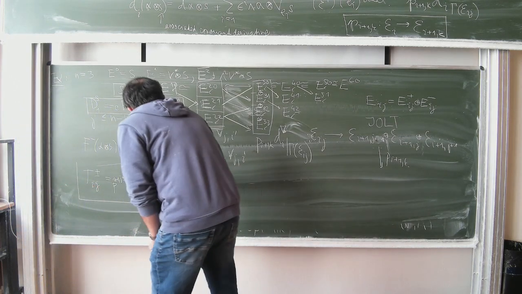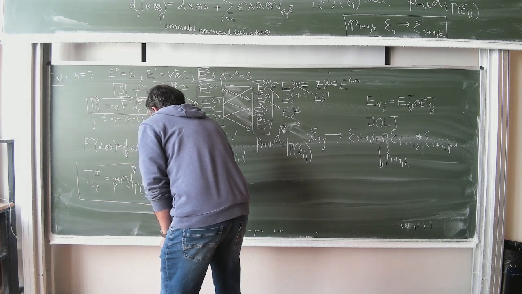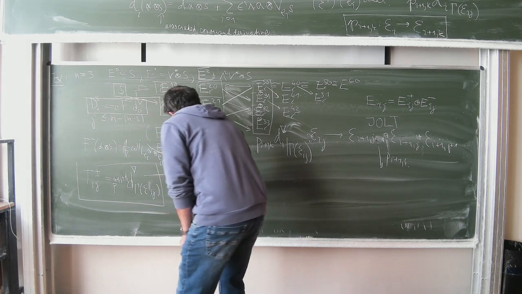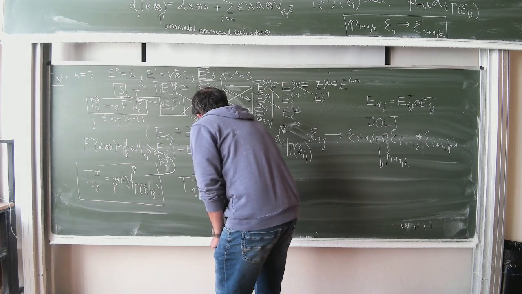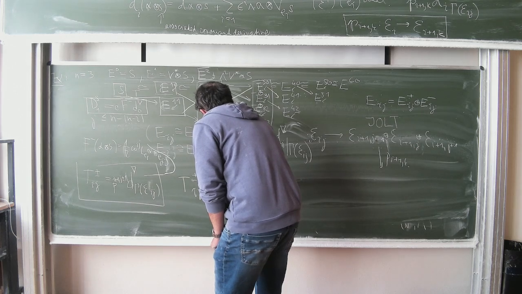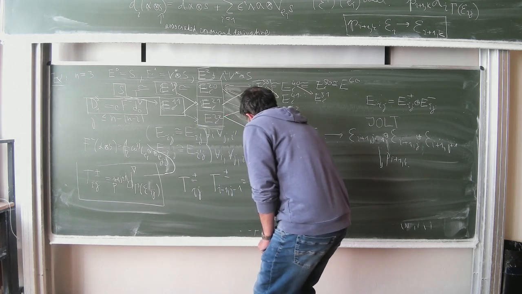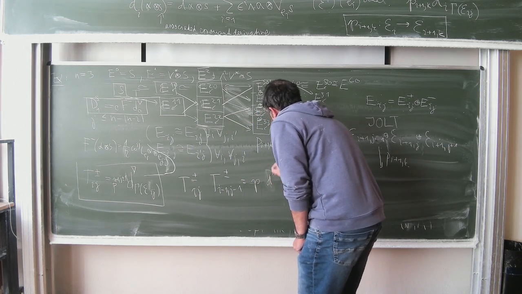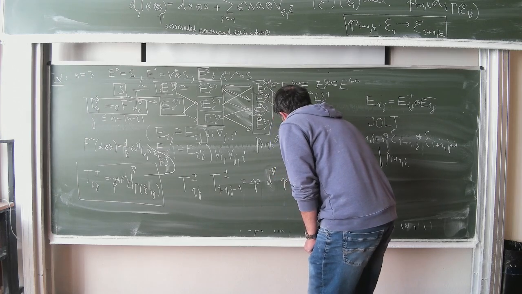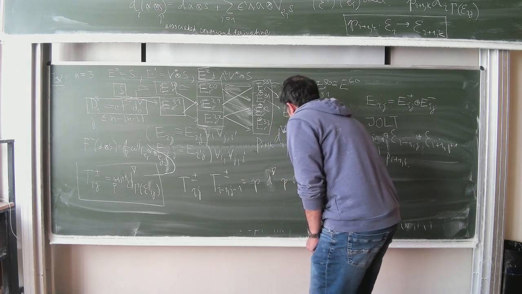So, and now we shall compute T_ij plus minus, let's say, composed with T_{i-1,j-1} plus minus. Projections, covariant derivative, projection, covariant derivative.